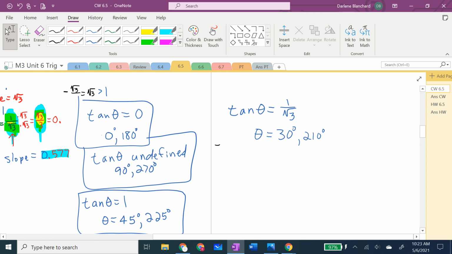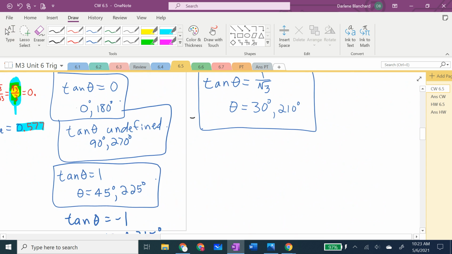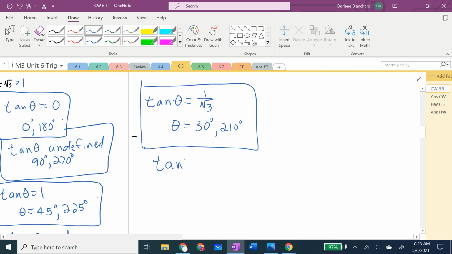You're not going to want to memorize all of these numbers. But what I have found really useful is to just remember some basics with slope. If I have a slope of positive root 3, so if I'm giving you a tangent and the answer is root 3, that's when you're at your 60 degree angle, and 180 after your 60 degree angle, 240.